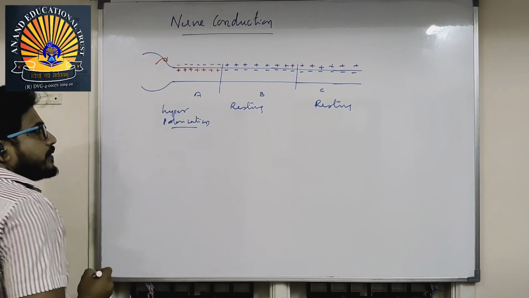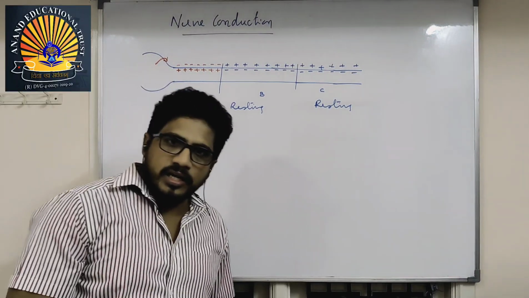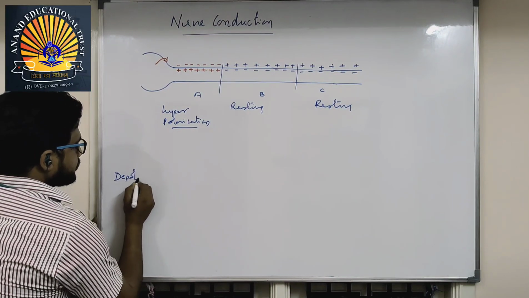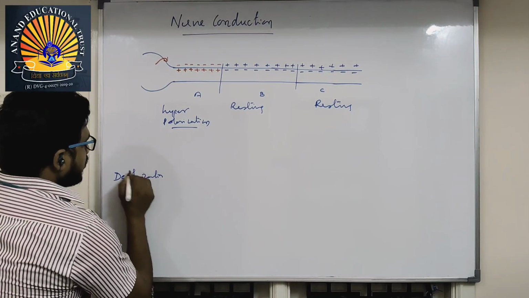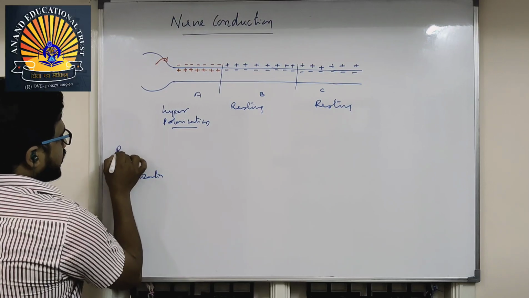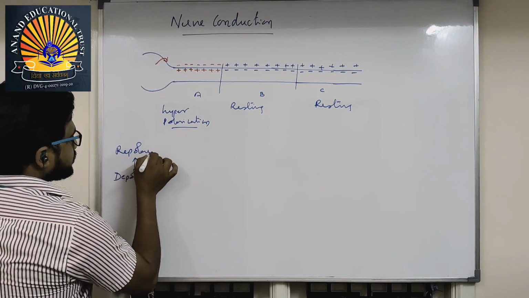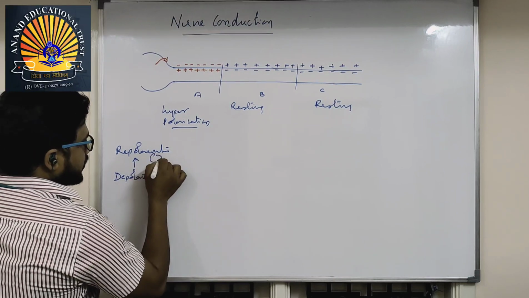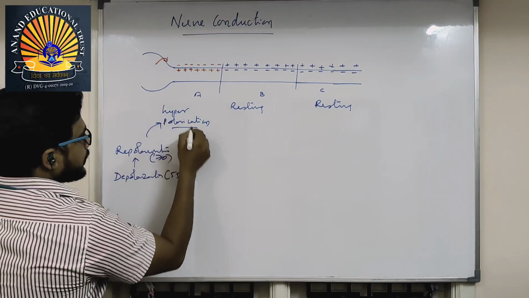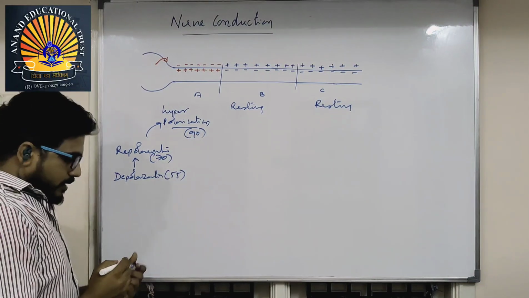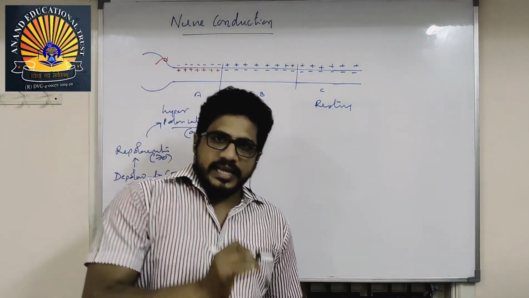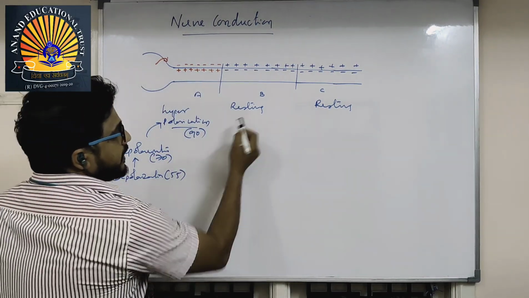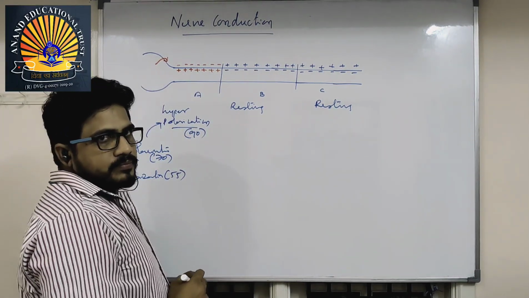You just imagine A first underwent depolarization, then repolarization. Depolarization is -55, repolarization is -70, and hyperpolarization is -90. When segment A is at hyperpolarization -90, at that time segment B is in resting.